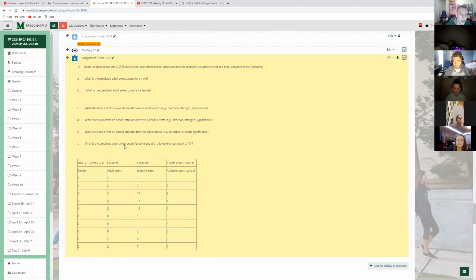So let's take a look at this when we run it as a simple linear regression. We'll do the first one, taking a look at the effect of gender on adult arrest. That's what you would be looking for in your regression.